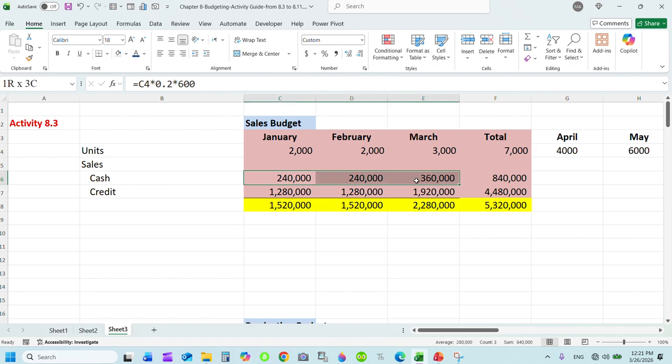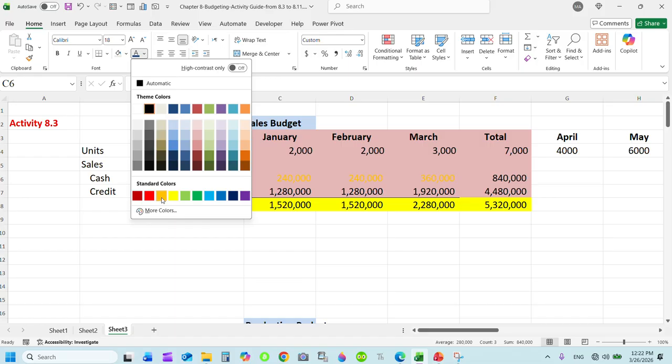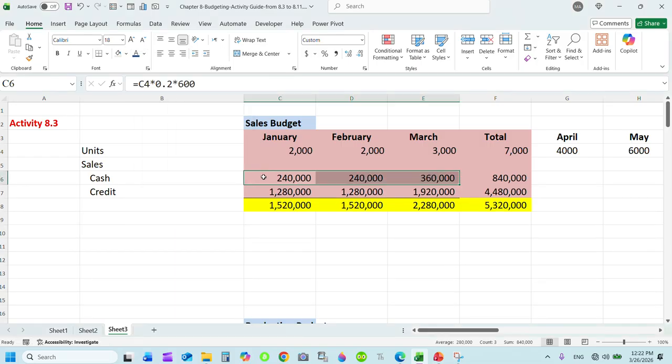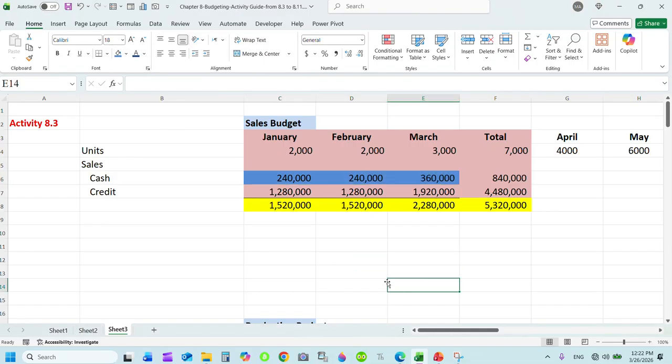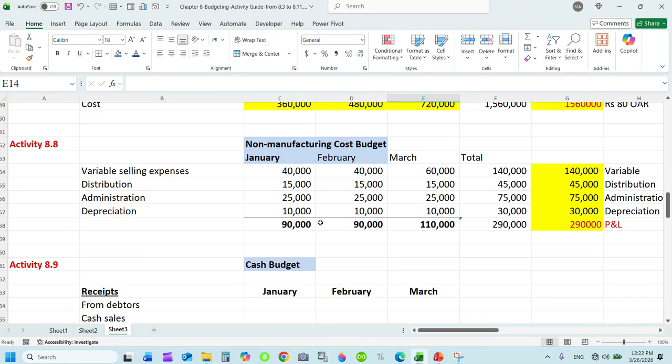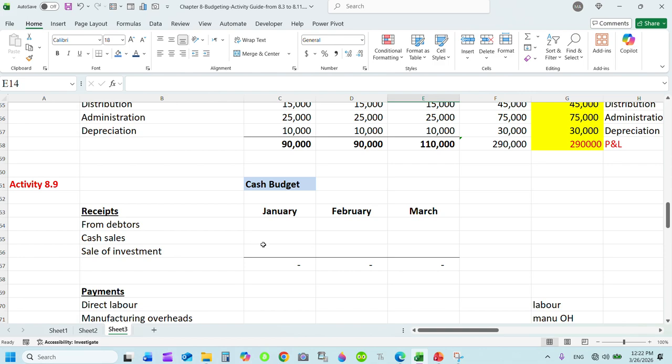These cash receipts should come to your cash budget. Let me put this in a separate place. So accordingly, this is your cash budget.